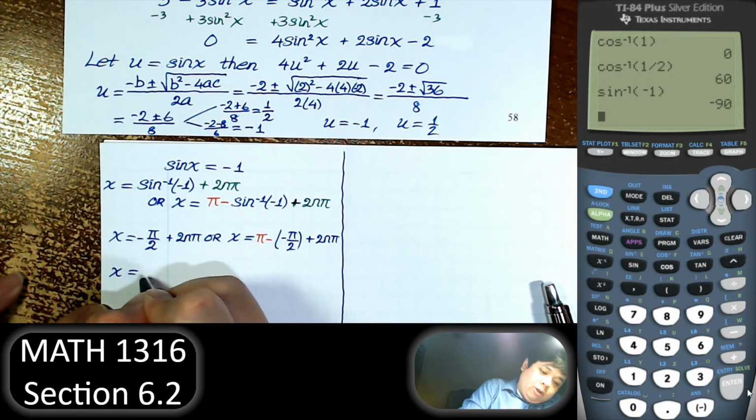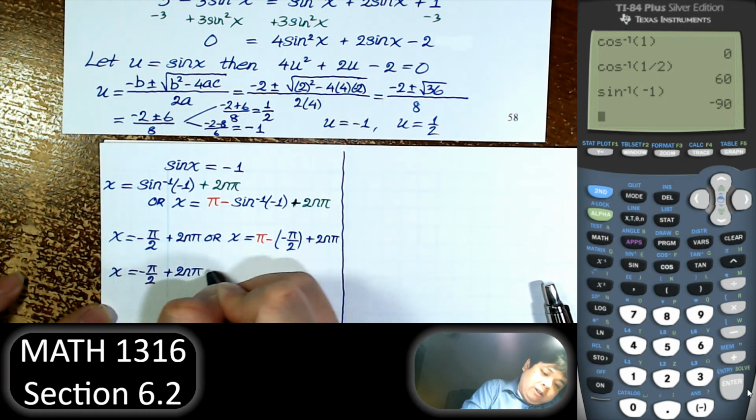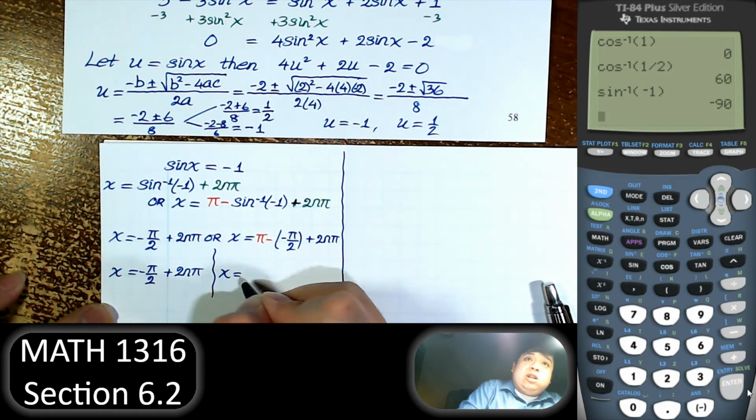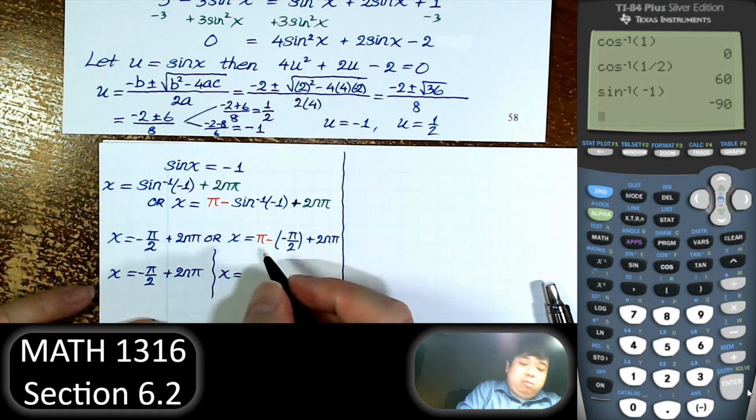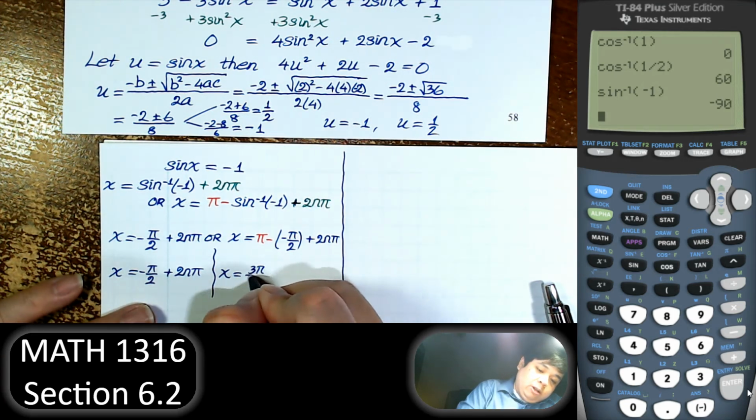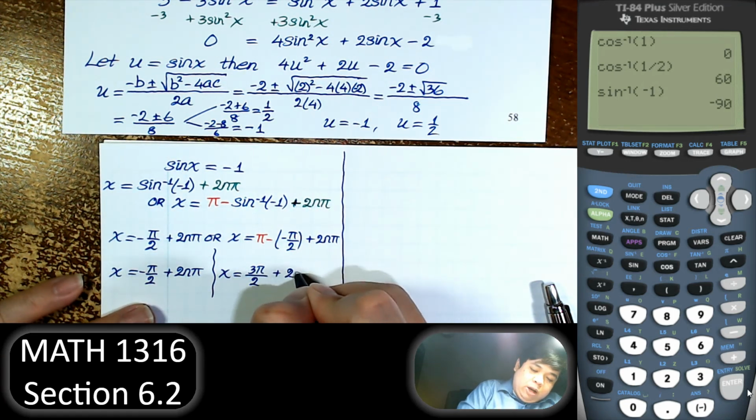So x equals -pi/2 plus 2n pi, or x equals pi minus -pi/2, which is 3pi/2, plus 2n pi.